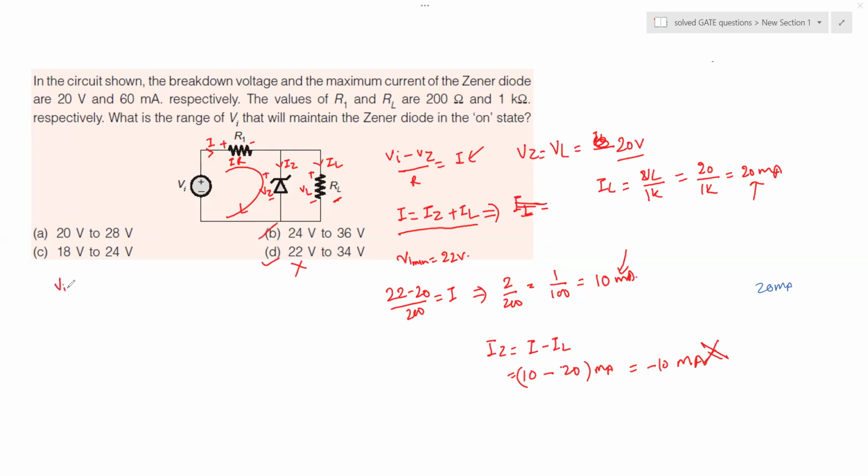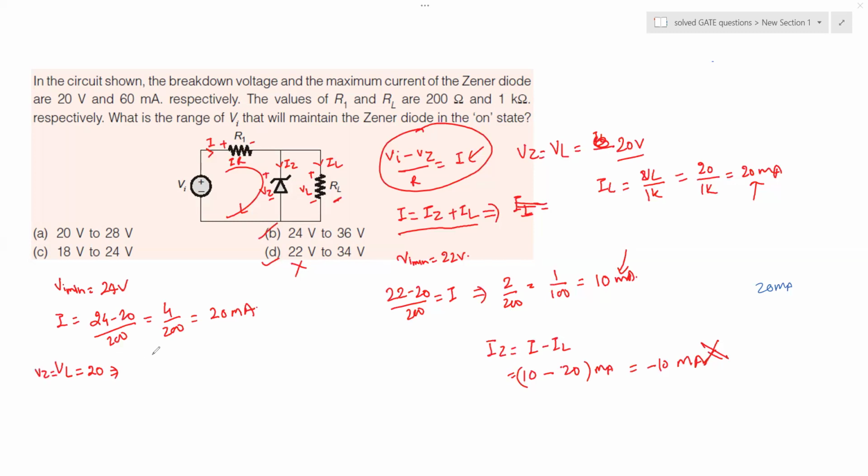Let's say VI min is equal to 24 volts. Therefore, I would be, from this equation, 24 minus 20 divided by 200 ohm, that equals 4 by 200, which is 20 milliampere. Now VL is 20 volts, because VZ is 20 volts.